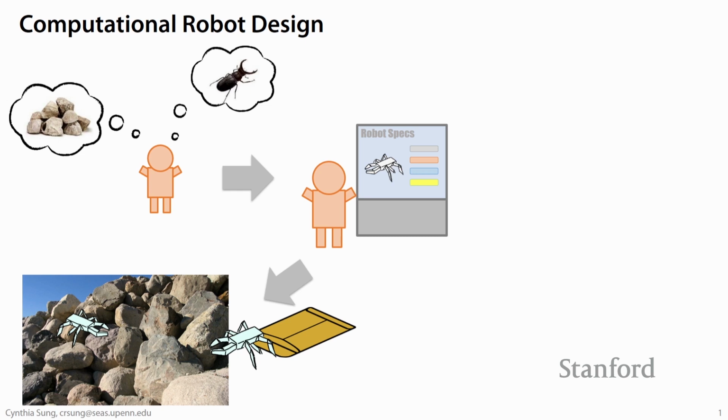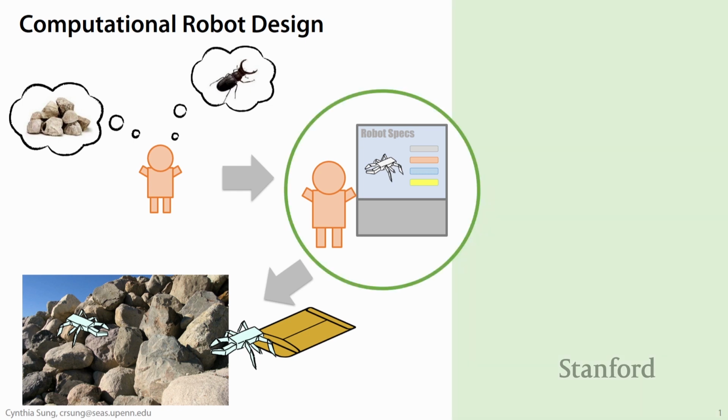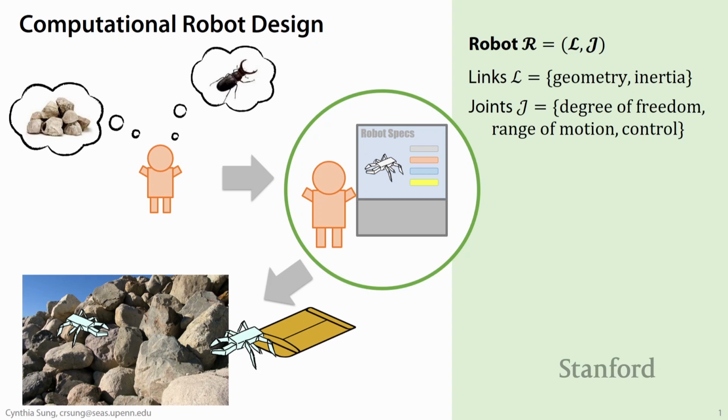So when we're thinking about this sort of problem, how do we set it up? Well, first of all, we have to be able to describe what is a robot, right? And so the way we think about a robot is, well, it has links and joints. This is a description that you all are probably very familiar with, right? Because this is a description people use in URDF files for robot descriptions.